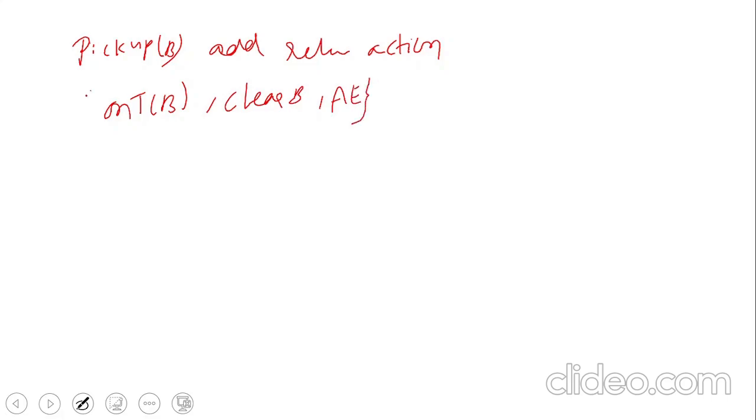Push the relevant preconditions. Okay, write separately on table B, clear B, and arm empty.